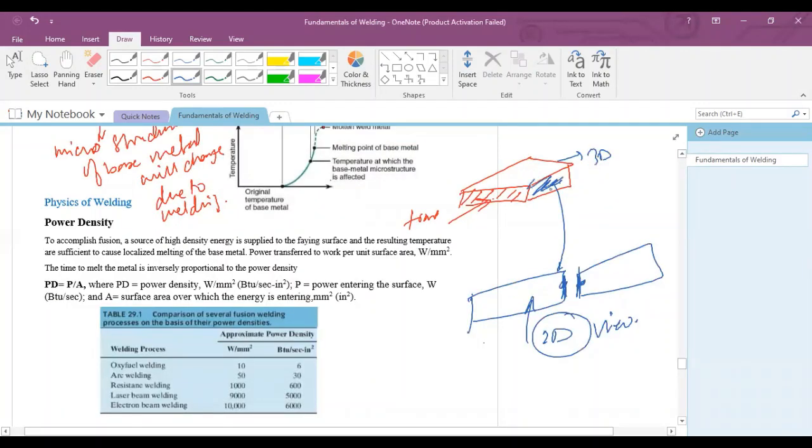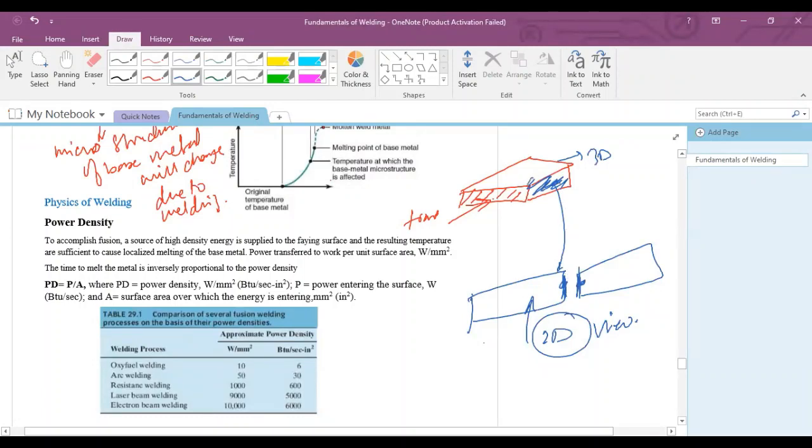We want to melt the surface, and the power, the heat intensity required to melt it is called heat density. Heat density, or heat energy supplied to the faying surface, and the resulting temperature are sufficient to cause localized melting. Localized means only where we want to join these two parts.